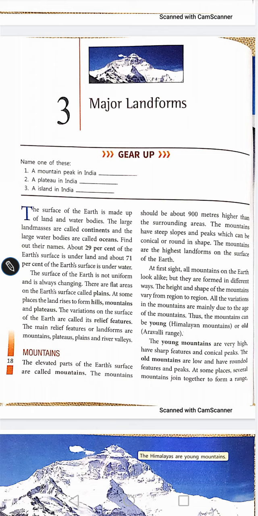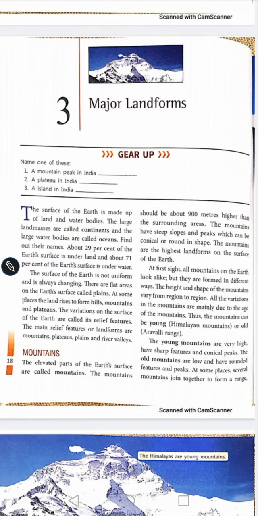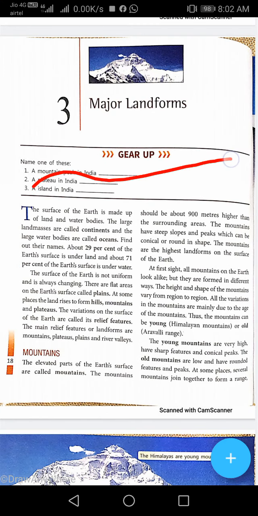Highest landform means there is no other relief feature which is higher than a mountain. This is the top order of the mountain. So mountain is the highest landform.